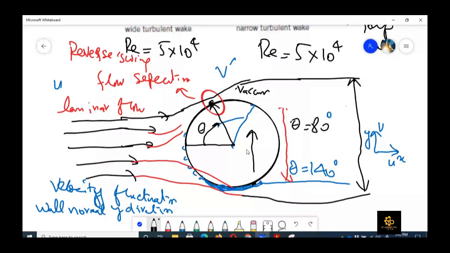That is the phenomenon of reverse swing: we make the flow turbulent on one side so that the boundary layer remains attached there, and keep the other side shiny so that there is a vacuum due to boundary layer separation. That's why we have a net force in the y direction, and the ball would move towards the shiny side, right?